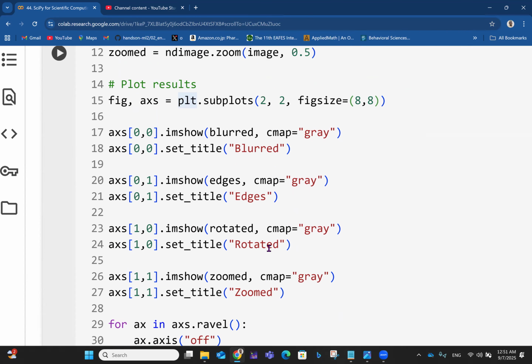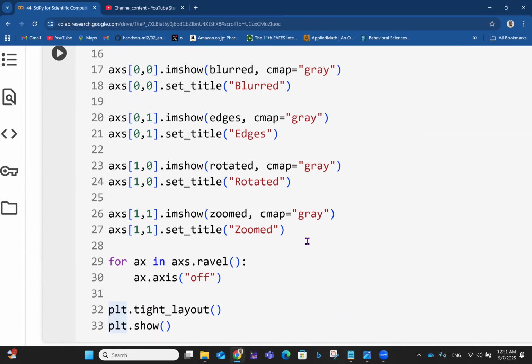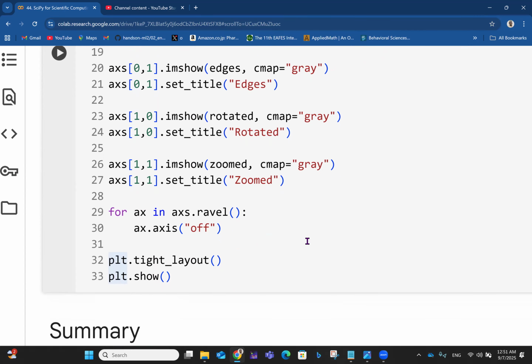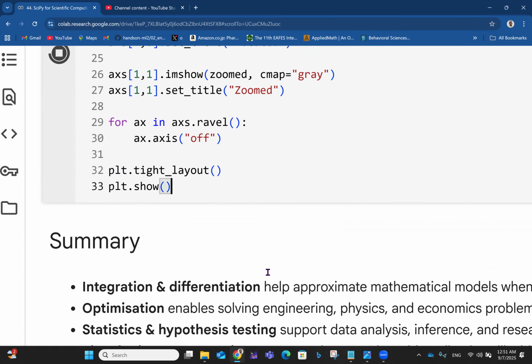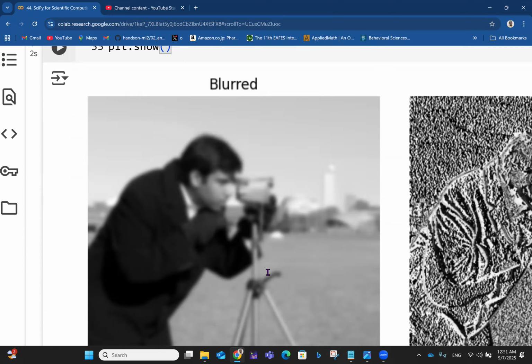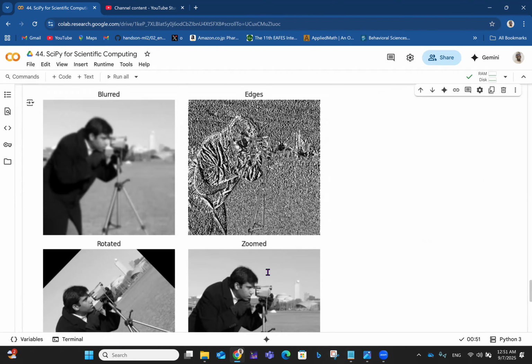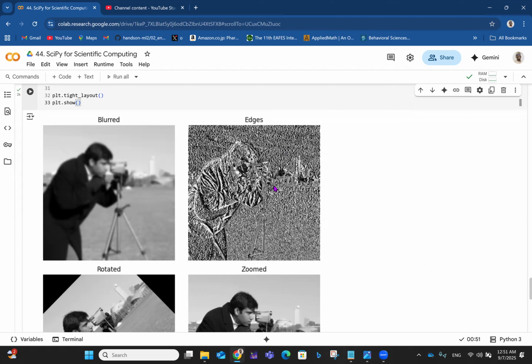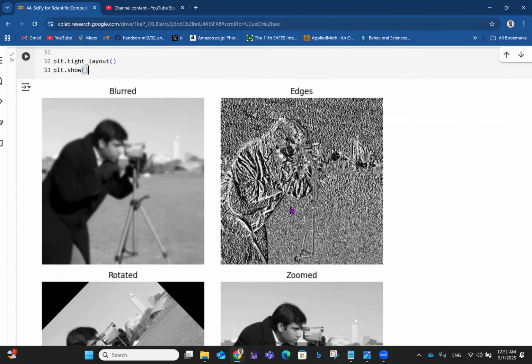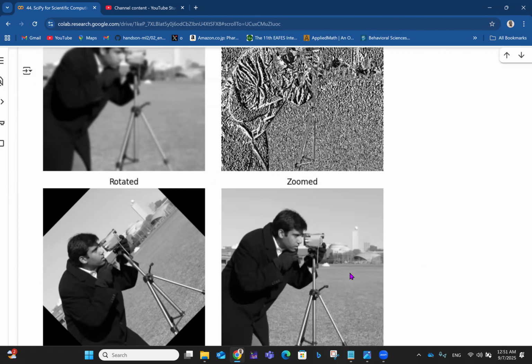So we iterate over all of this: for ax in axes.ravel, you plot, then tight layout and show the images. That takes some time, and then we have the images. Here we have the blurred image, the edges here, then the rotated image, and the zoomed image.